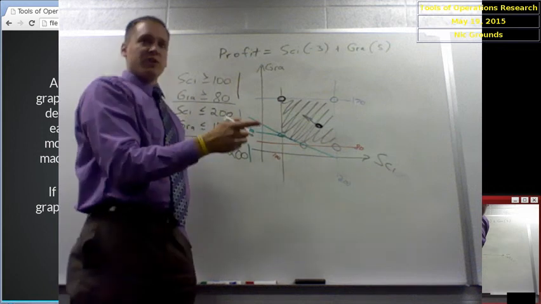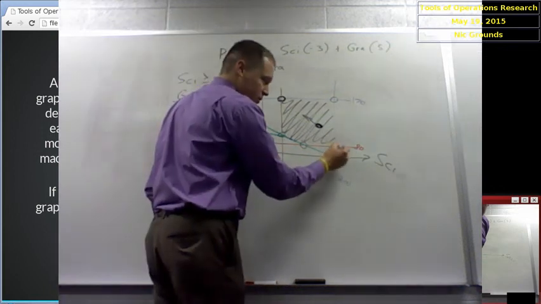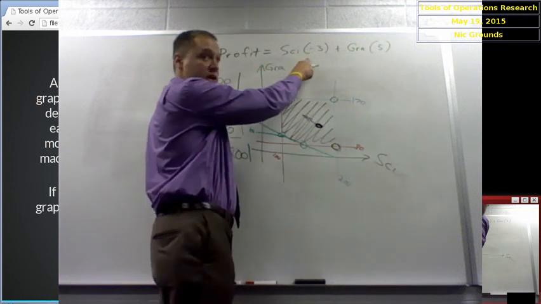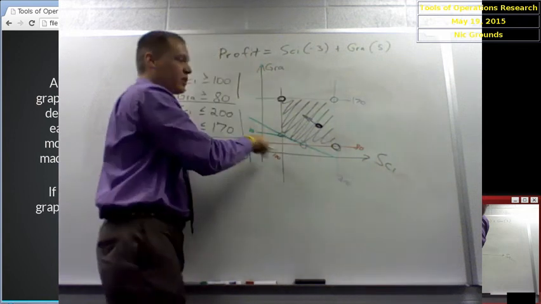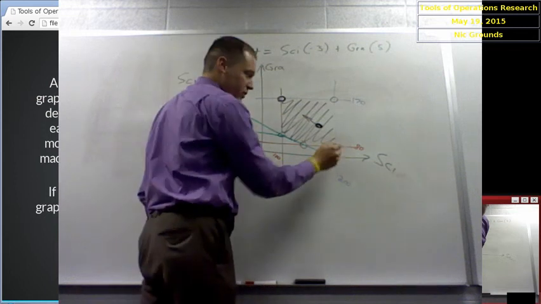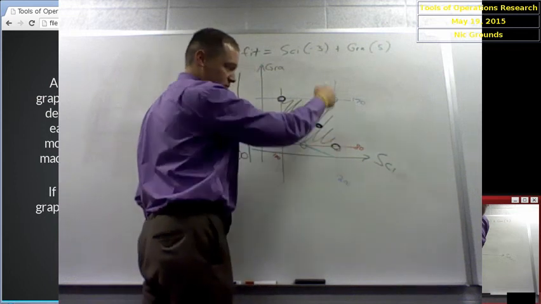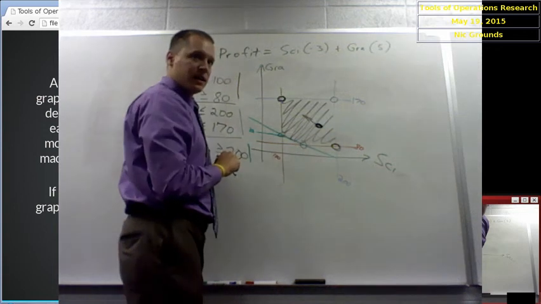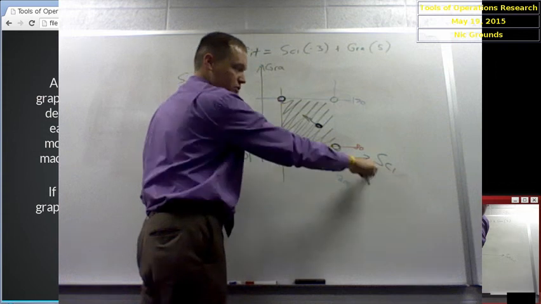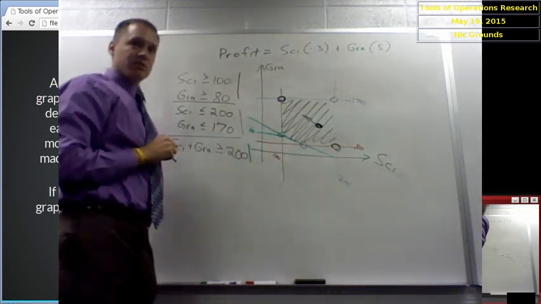Let's solve for the worst one first. We think the worst one is probably down here. That is the most scientific calculators for which we lose money, the least graphing calculators for which we make money. So what is this point here? Well, this point's pretty easy to solve because it's a vertical and a horizontal line. It's 80 graphing calculators, 200 scientific calculators.